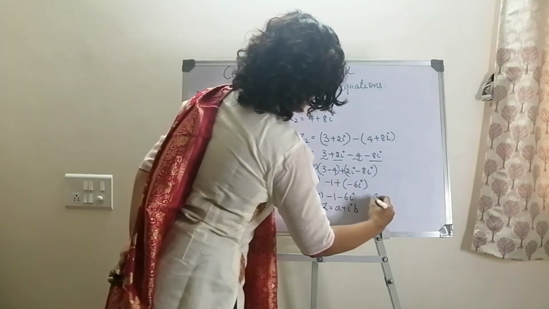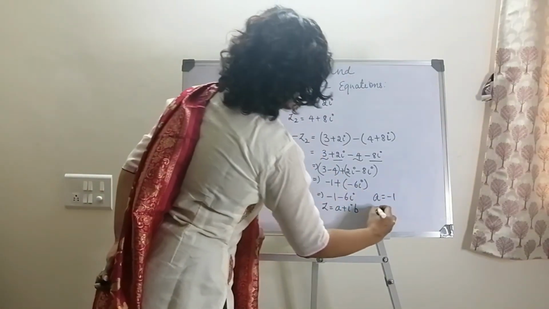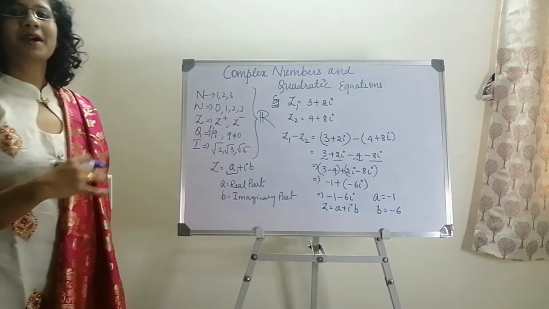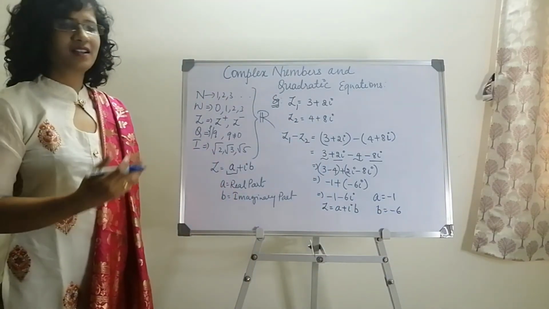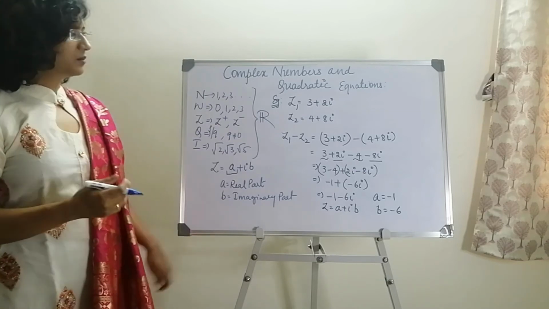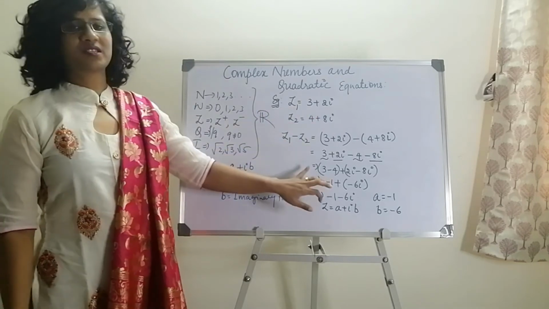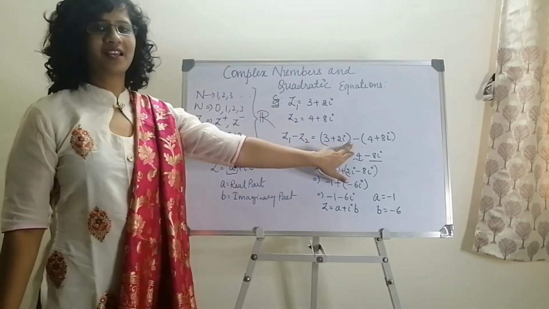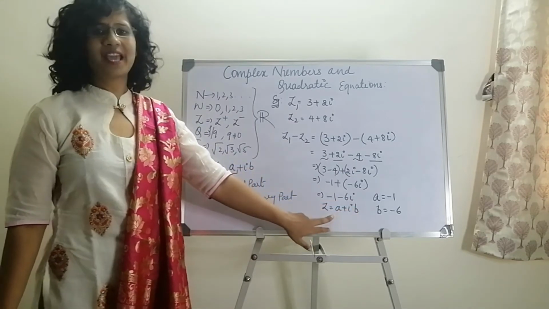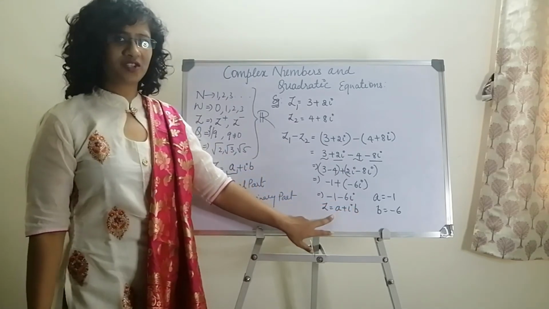So I have a is equal to minus 1, I have b is equal to minus 6. In my previous question, when we added, I think we got both the answers positive. So everything depends upon our sign. Because I have a minus sign in between, see my answer. It resembles a plus ib, my general expansion.